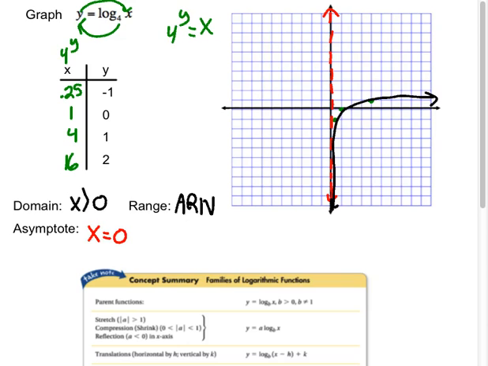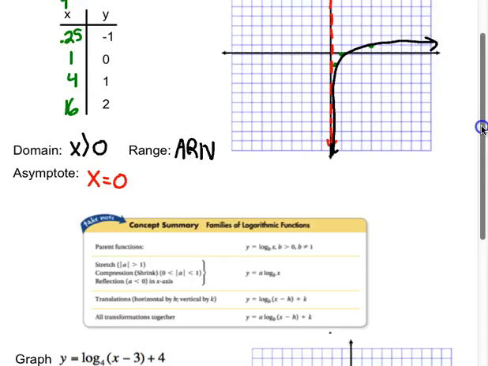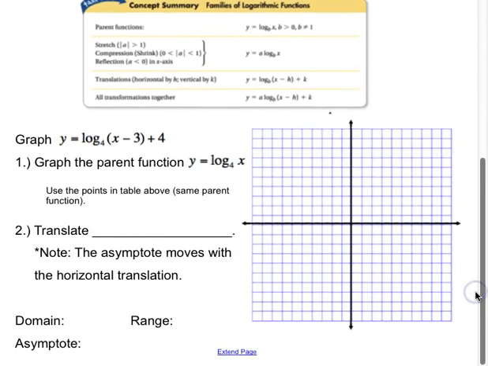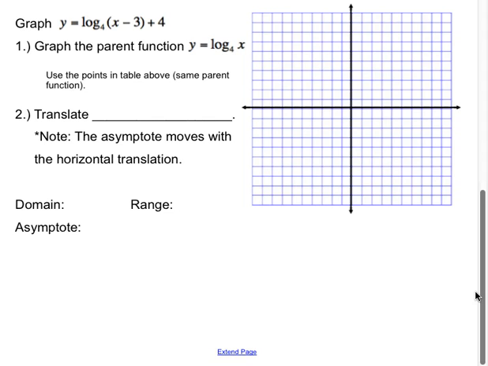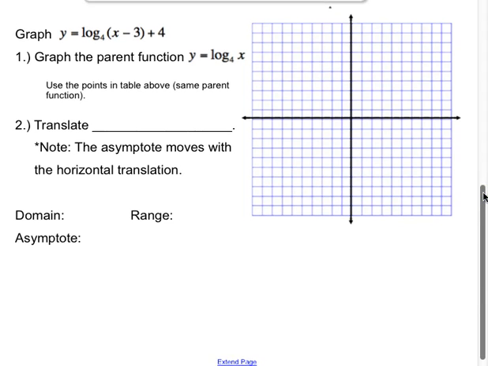So let's start diving into what can happen when we start putting in transformations to these. Now remember, the biggest thing to recall is the idea that you don't want to include shifting or anything in your parent function. So the parent function of this, even though it looks really messy, is just y equals log base 4 of x.